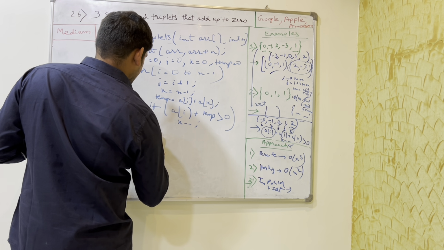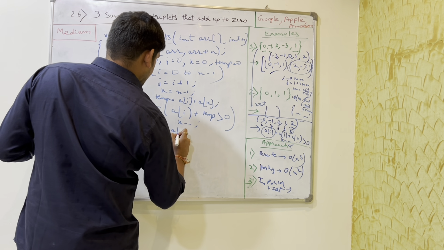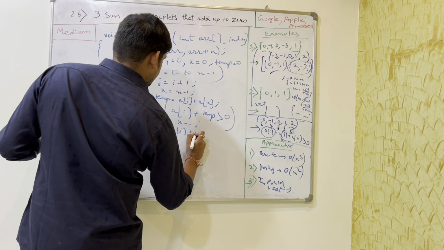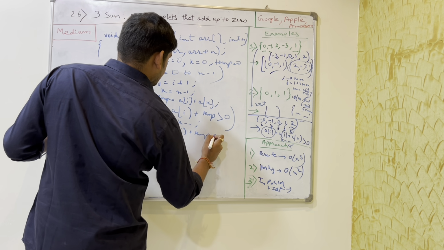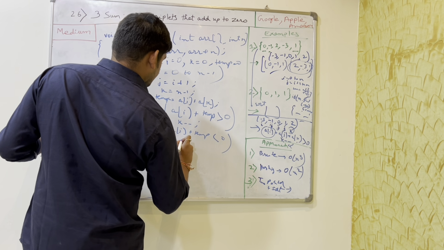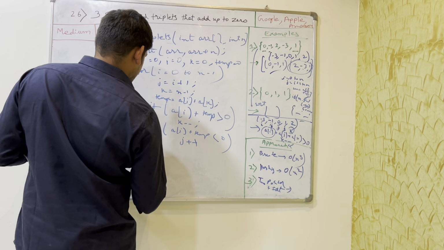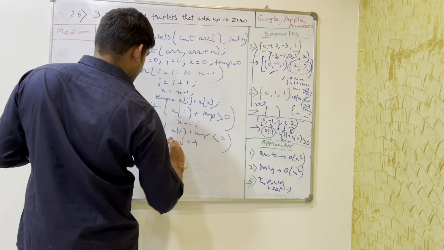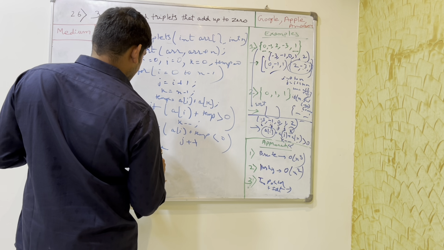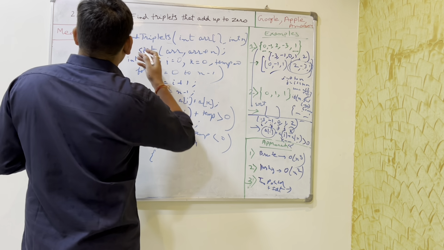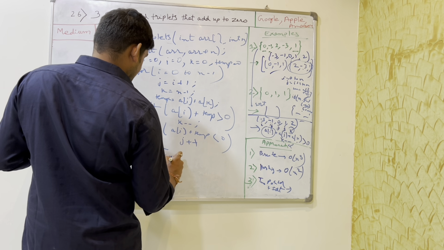Else if ai plus temp is less than 0, then we need to increase j, or else if it is equal to 0, we have the elements. So since it is a void, we can print it.